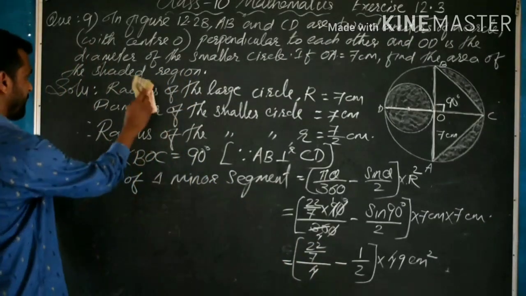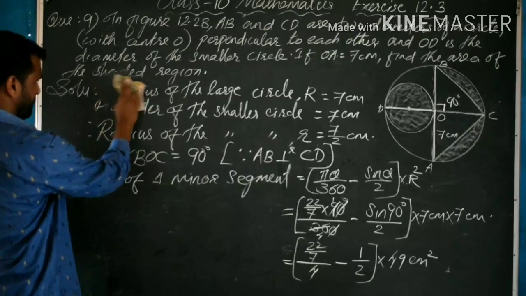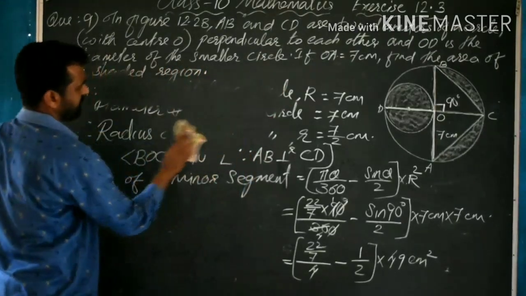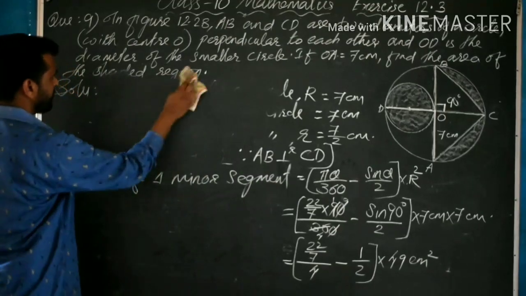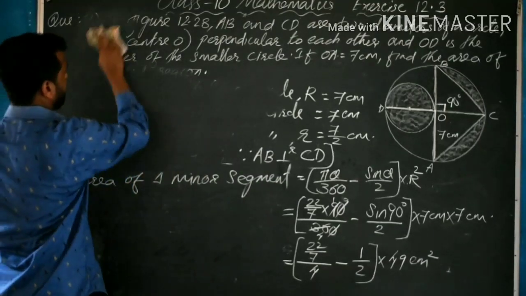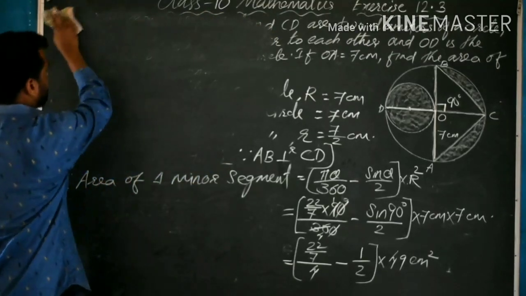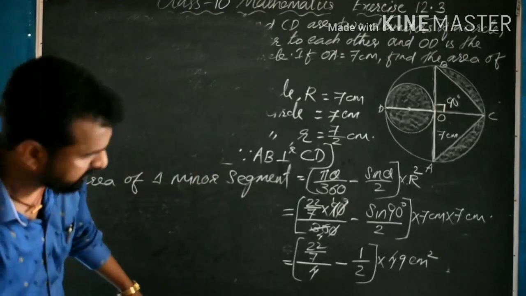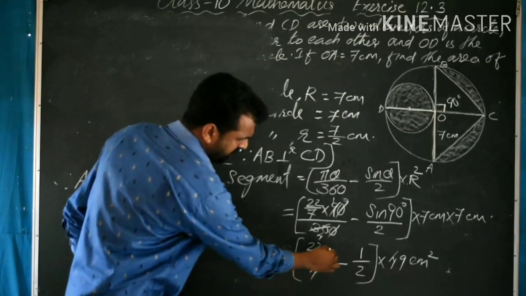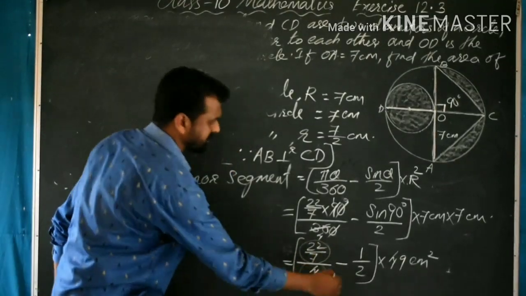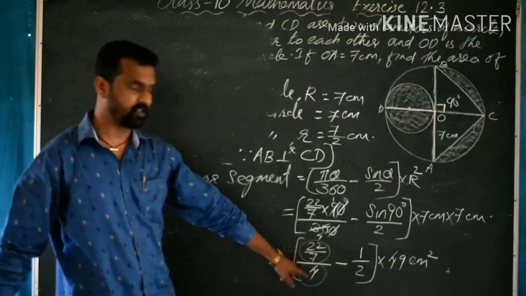Here we are dividing two rational numbers, 22 divided by 7 in the numerator and 4 in the denominator.